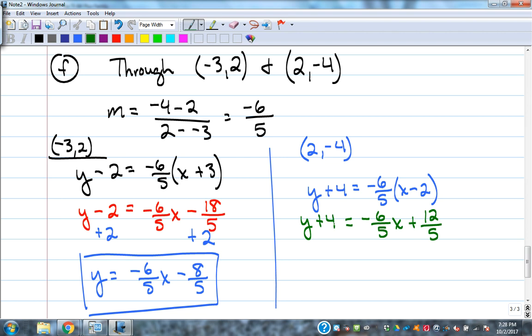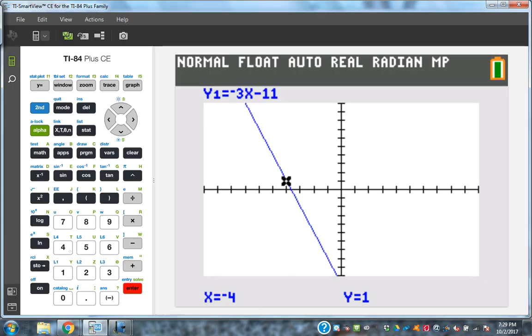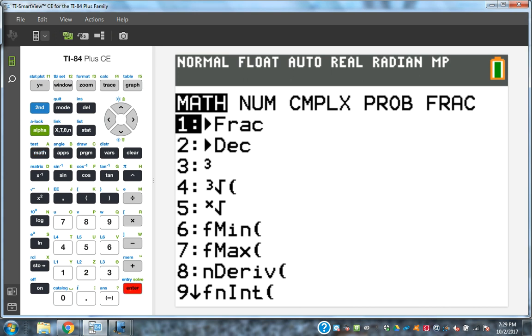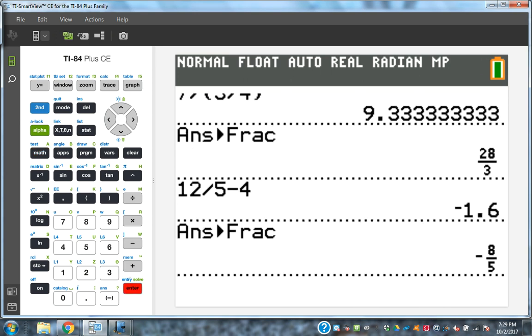That's y plus 4. And then I'm going to subtract 4. So that's -20 over 5, and 12 over 5 is -8 over 5. If you don't trust me, 12 over 5 minus 4. Math, enter. -8 over 5.